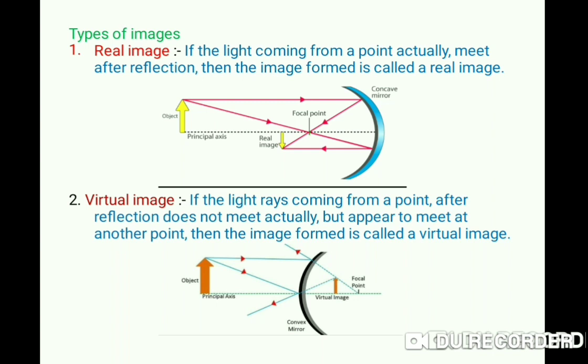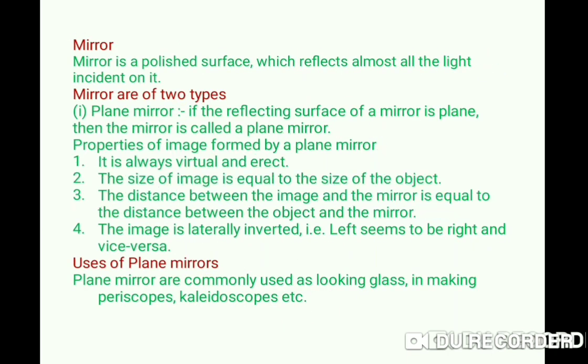When an image is above the principal axis, it is said to be an erect image. And when the image is formed below the principal axis, it is said to be an inverted image. Okay, so first, it always gives a virtual and erect image.